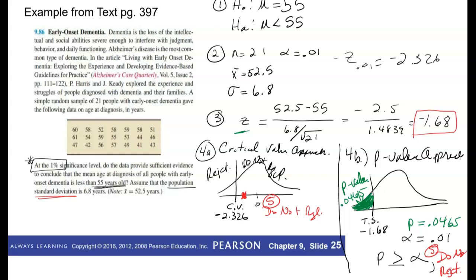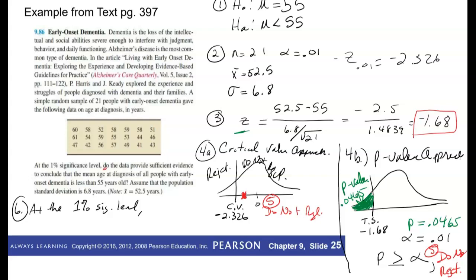What does that mean for step 6? I'm going to put step 6 over here because I'm running out of space. At the 1% significance level, you are basically rewriting the question that's being asked at the end of your problem. In fact, I'm not even going to rewrite it, I'm going to draw it on here.